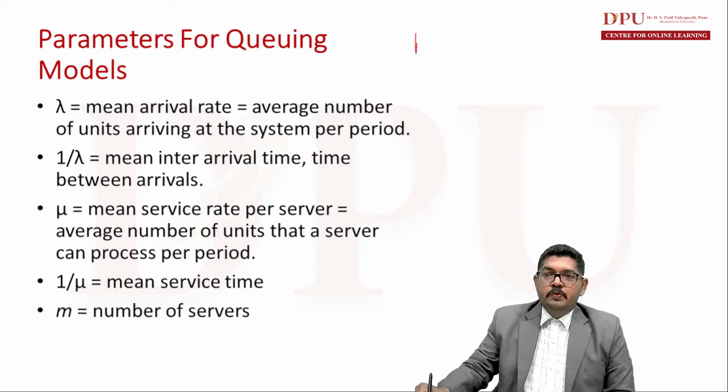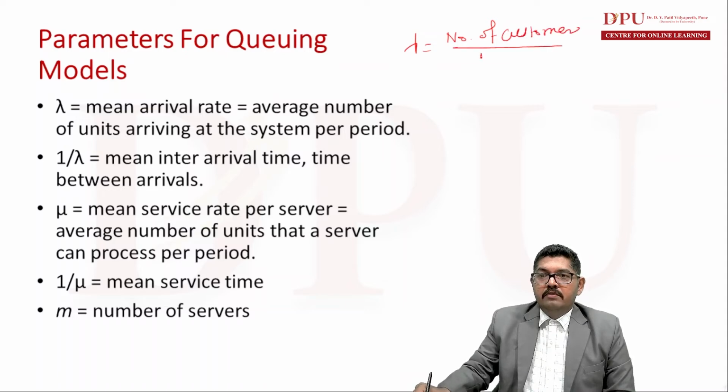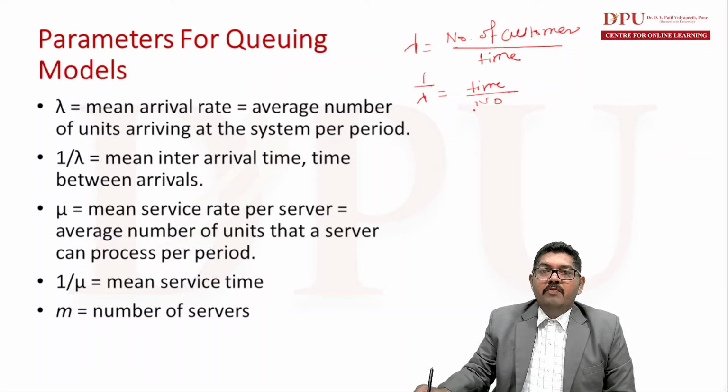Lambda is equal to the number of customers arriving divided by time, right? So 1 divided by lambda will give us the time divided by the number of customers. It means that it will give us the inter-arrival time, that is the time interval between the arrivals of different customers.